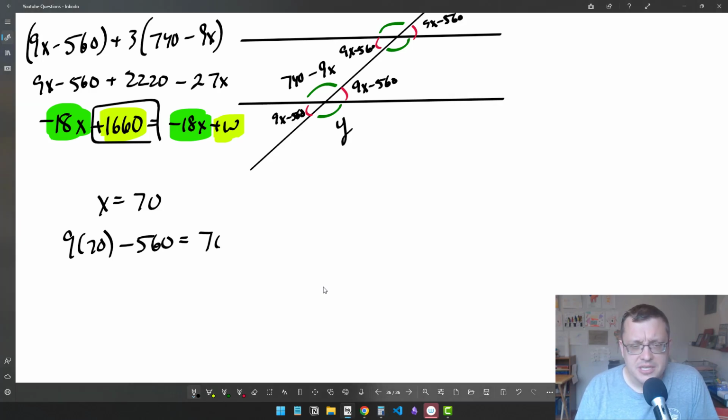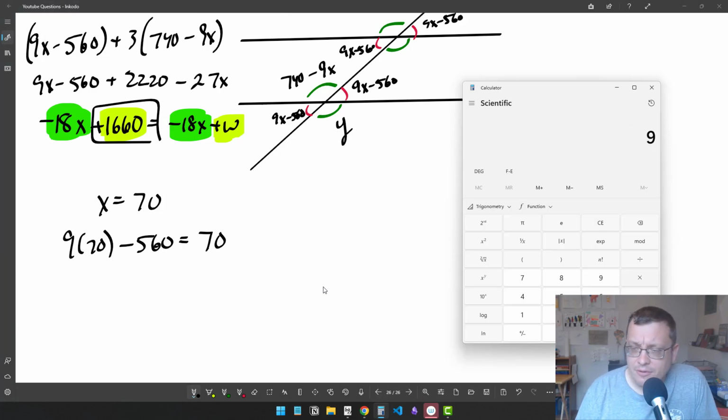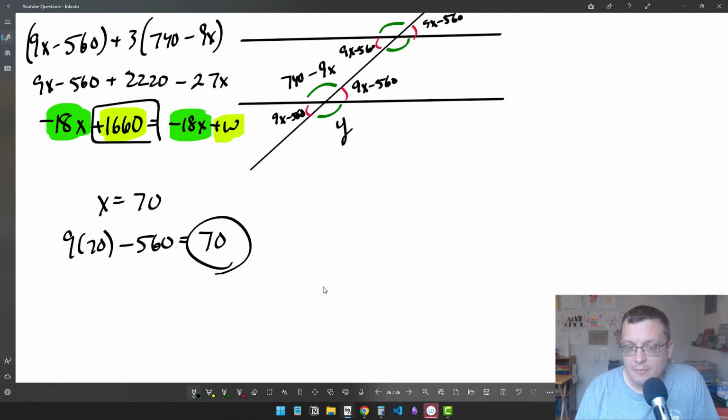That's an interesting coincidence. No, that's just a coincidence, I think, because if we did 80, we would get something different, right? 9 times 80 minus 560 is 160. Yeah, it's just a coincidence that we plugged in x equals 70 and got our angle at 70. Okay, so that's our acute angle.